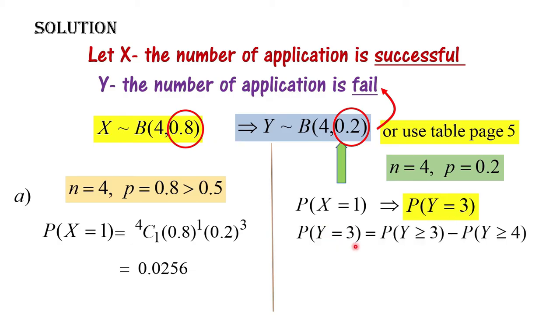So probability Y more than or equal to 3 minus probability Y more than or equal to 4. That is 0.0272 minus 0.0016, that is 0.0256. Note that these two values are the same. Either use the binomial formula or use the table.